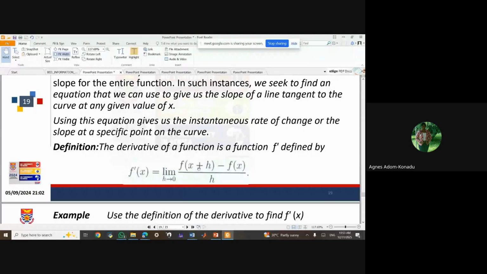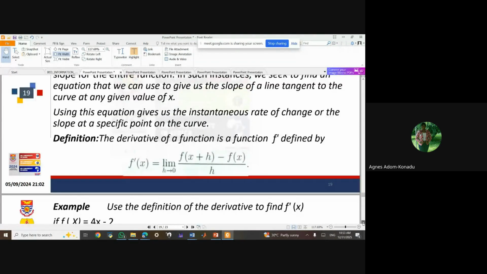Okay, so f of x plus h is the small change. So this is the definition of the derivative. When you are asked to use the derivative definition, it is the limit as h approaches 0 of f of x plus h minus f of x, divided by h.